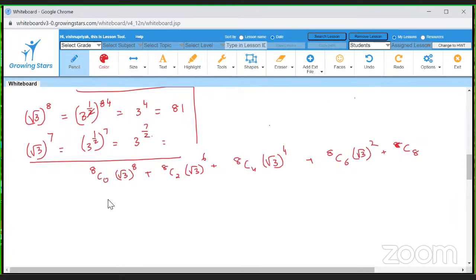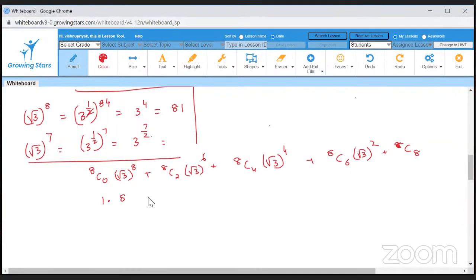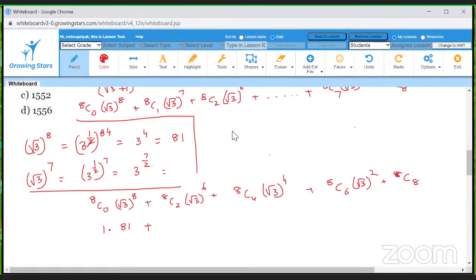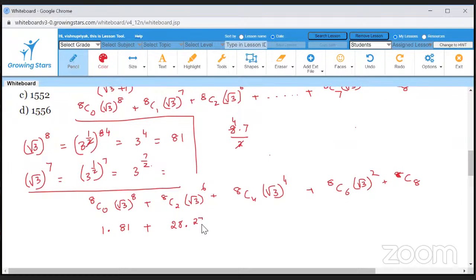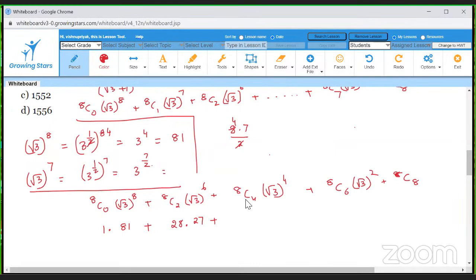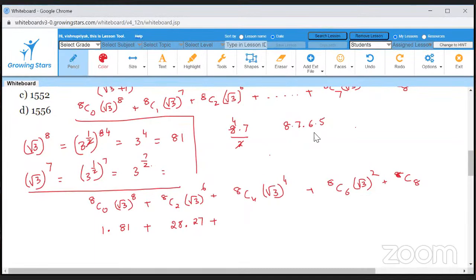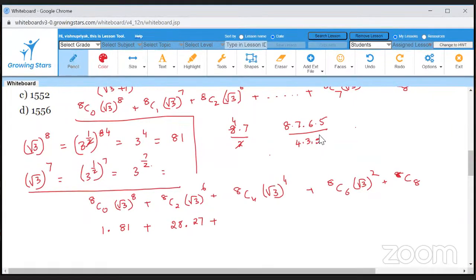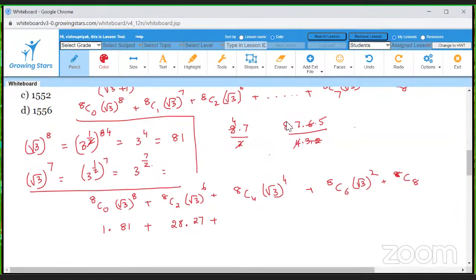So 8C0 is 1, 3 power 4 is 81. What will be 8C2? I will write here. Start with 8, take two numbers by 4. So 4 sevens 28 into 3 power 3, that is 27. Then 8C4, start with 8, 7, 6, 5 by 4 factorial, 4, 3, 2, 1. 3, 2, 6 will cancel. 4 twos, 35 twos is 70.